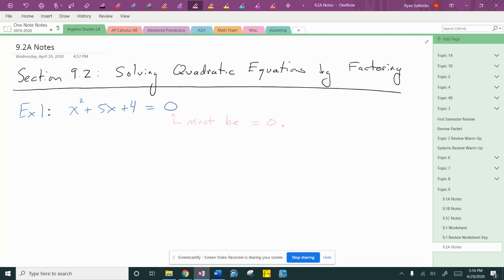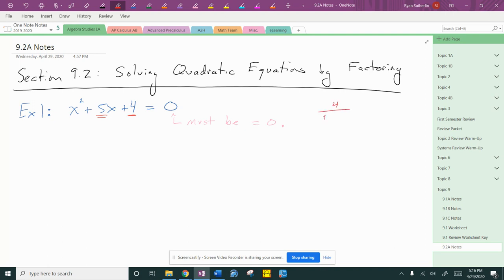Now, our method today is factoring. So let's go back to, how do you factor a quadratic? It's been a little while. Let's see if you guys remember. We have a number here and the middle number. Remember, we want to pick two numbers that multiply to be 4 and add to be 5.